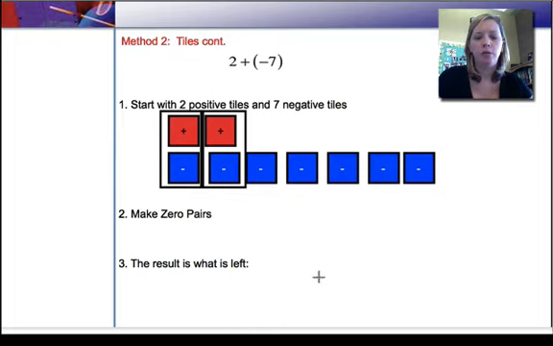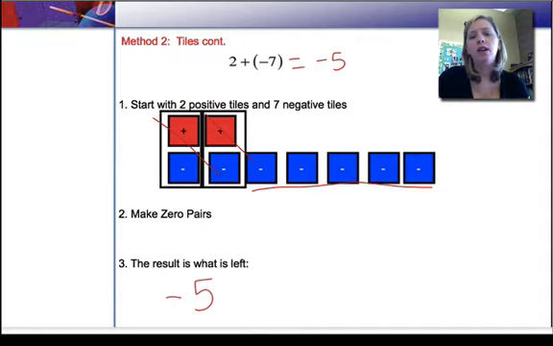Just think about them as being 0, and 0 plus anything is 0. So now, what's left? We have 5 negative tiles left, so that means my result is negative 5, or 2 plus negative 7 is negative 5.